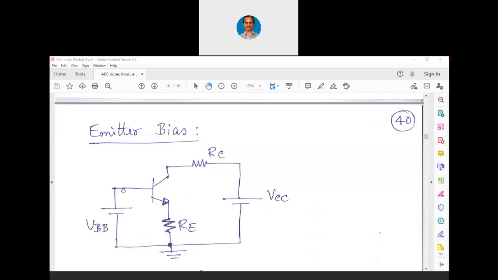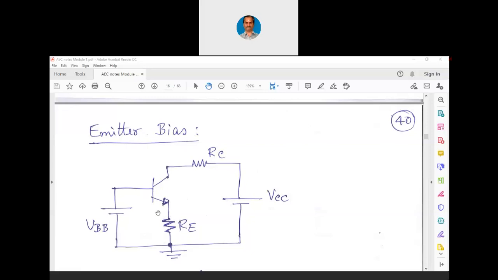Just for the sake of illustration, I am showing you two power supplies. Otherwise, it is a single power supply. Okay, and RB will be there. RB can be connected directly to VCC here. Right now you visualize only this particular circuit where we have a base supply and we have one resistance at the collector. In addition, we have one resistance at the emitter.